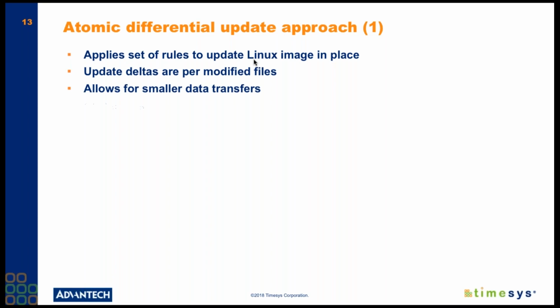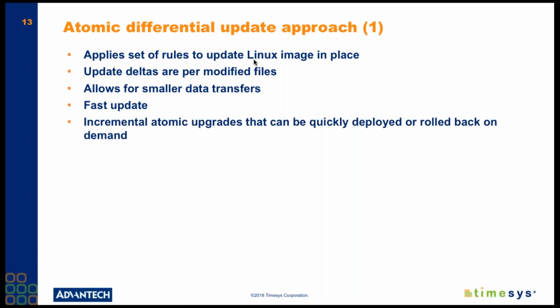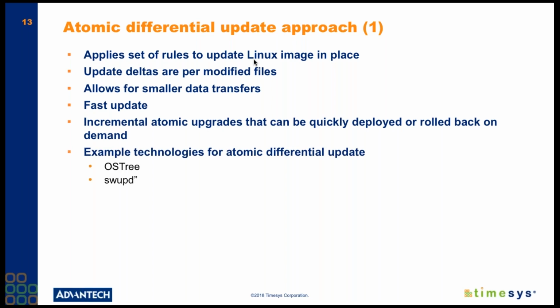This allows for smaller data transfers, and because less data is being sent, the updates are faster. They can be deployed very quickly to a large network of devices, and the rollback is also fairly straightforward and can be performed on demand. Technologies that use this approach include OSTree and something called SWUpdate.